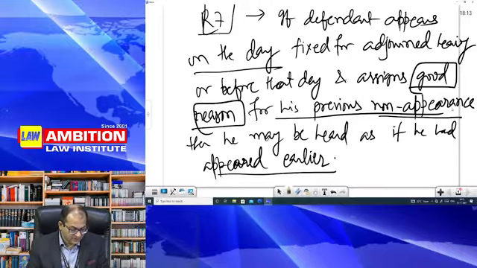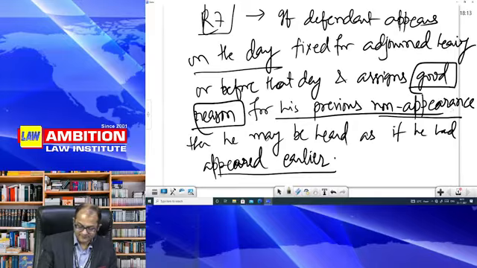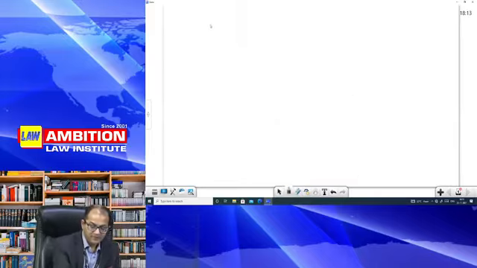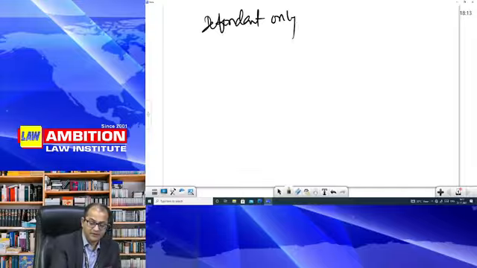Now rule 8 says procedure where defendant only appears. Various possibilities, probabilities. Defendant only appears.